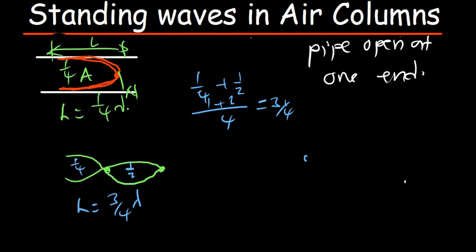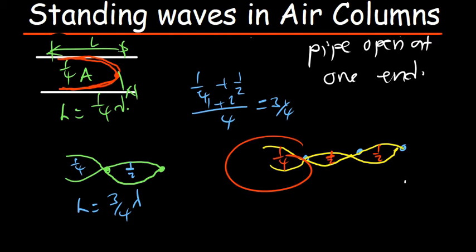What if we have a different one? 1, 2, 3. So I'll have this. So this is 1/4, this is 1/2, this is 1/2. As long as it is open at one end, it's 1/4. Okay. And then what we have to understand now is it's going to be 1/4 plus 1/2 plus 1/2, like that.